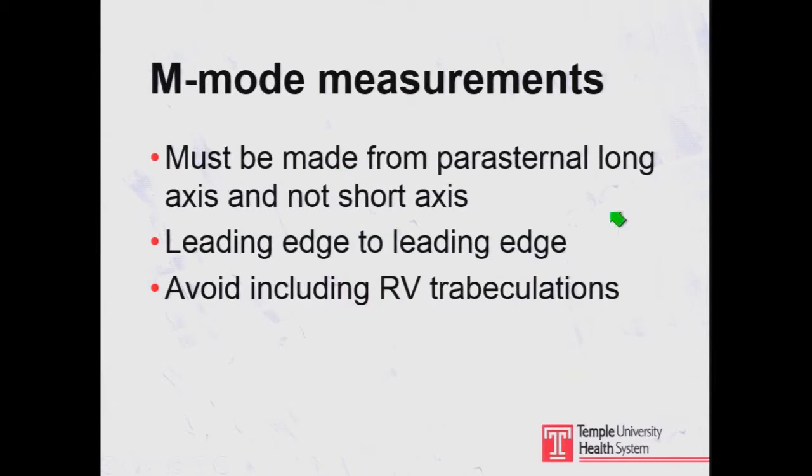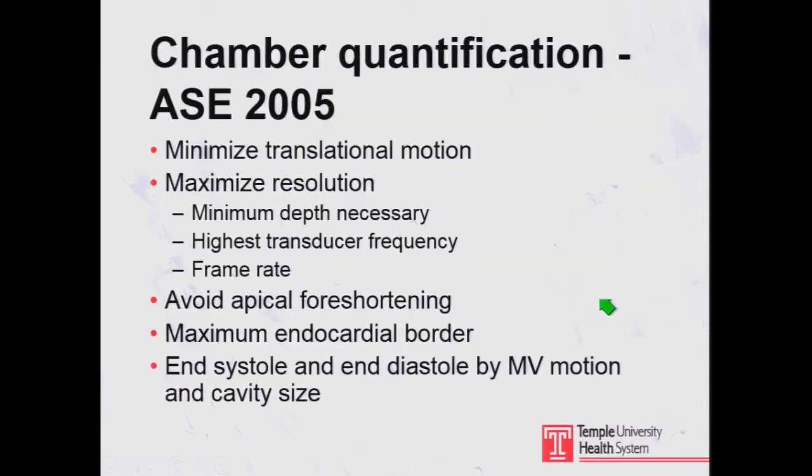M-mode measurements must also be made from the parasternal long axis and not from the short axis. They're conventionally measured from leading edge to leading edge, and you want to avoid including RV trabeculations in the interventricular septal measurements. The new chamber quantification guidelines were just updated in February of 2015, also published in JASE.